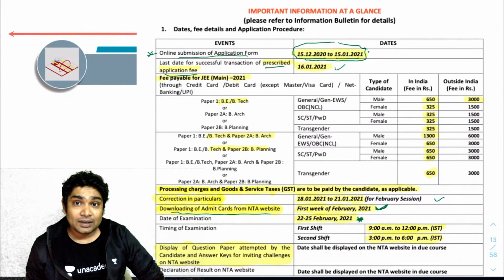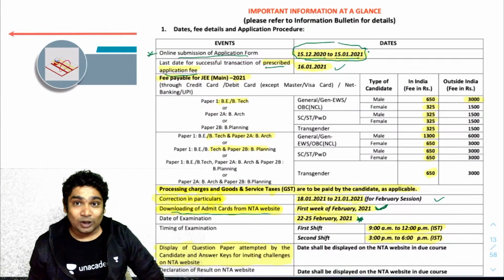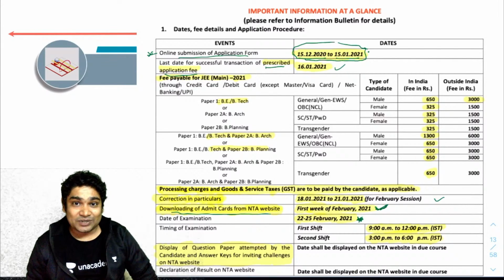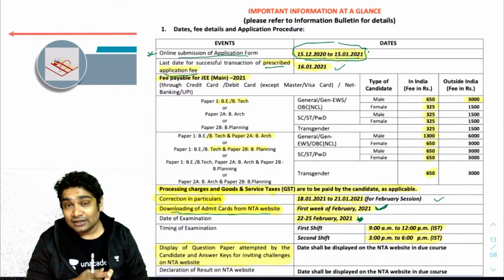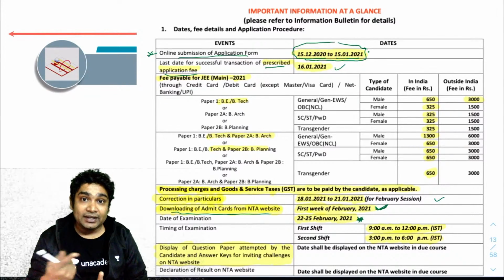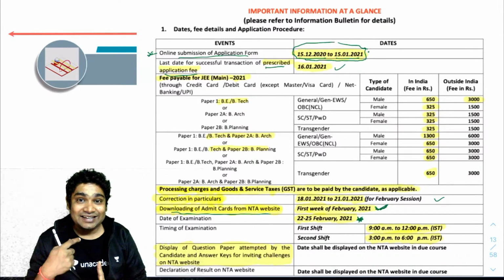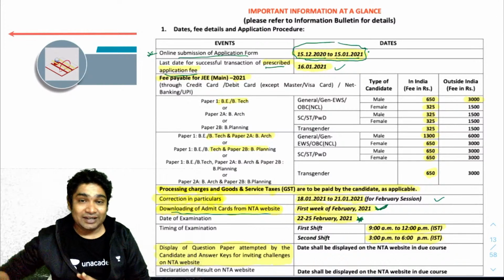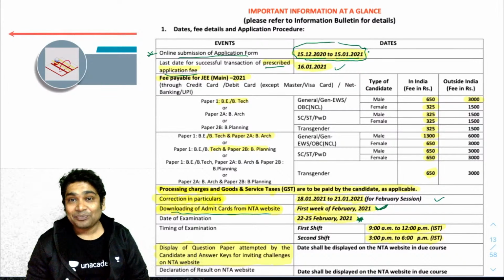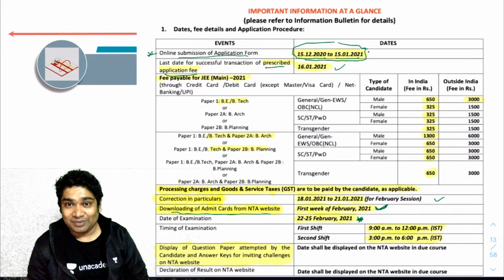Okay, again, take a look at all the important dates. The application forms can be filled between the 15th of December till 15th of Jan. The last date for paying the application fees is 16th of Jan. So make sure you are filling the forms in time, paying the fees in time. Fees have been marked here. Various fees of various exams have been marked.